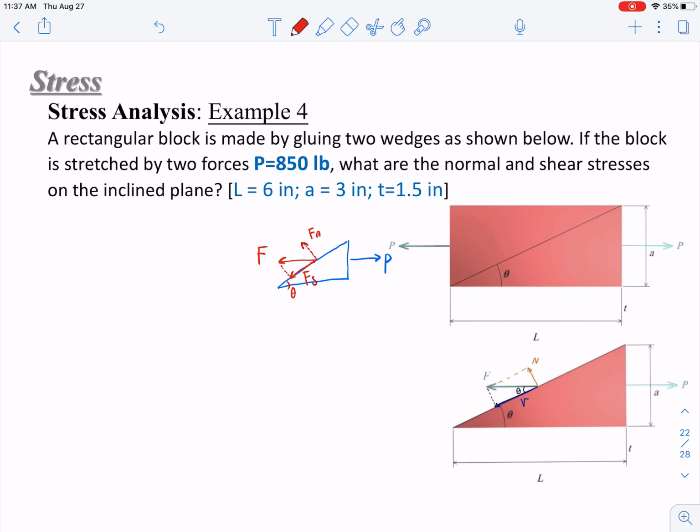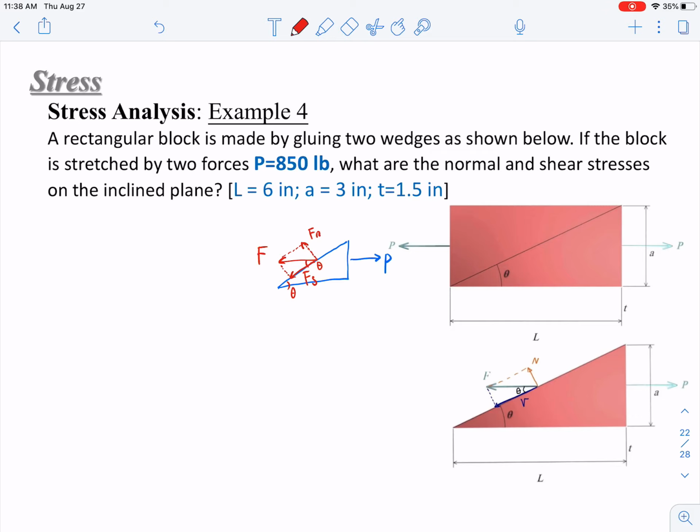Here we have angle theta, and here is also theta. Based on this, we can calculate Fn and Fs. Fn will be the normal force and Fs will be the shear force. If we know the area, then we can calculate these two stresses, normal and shear stresses.